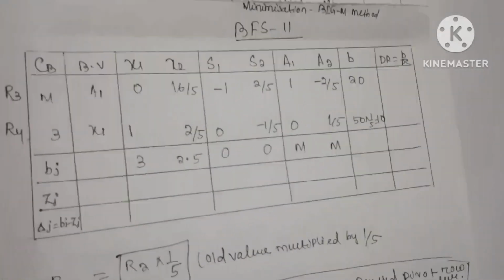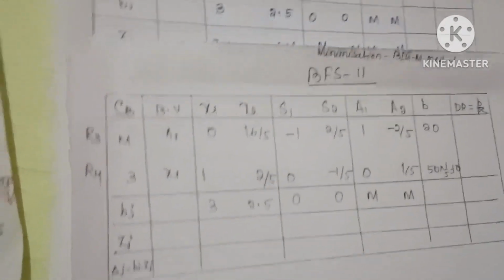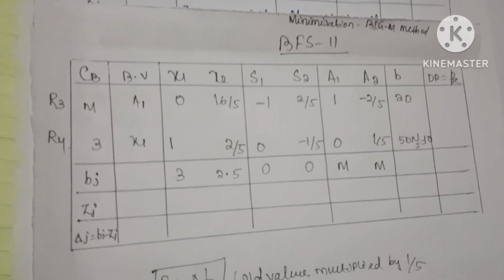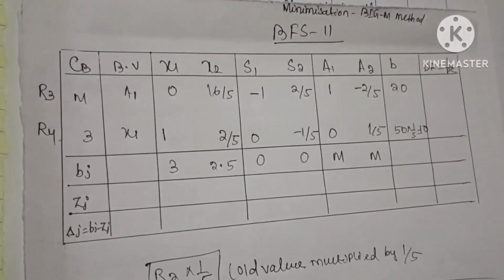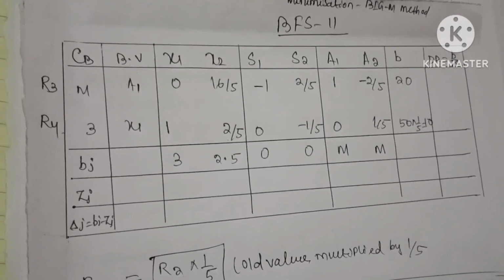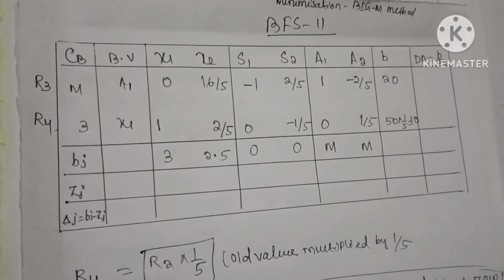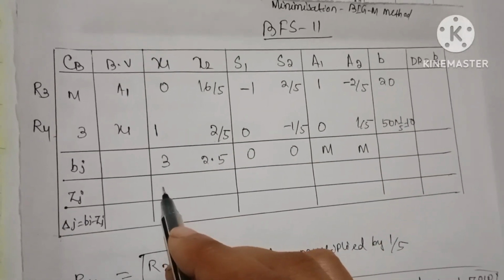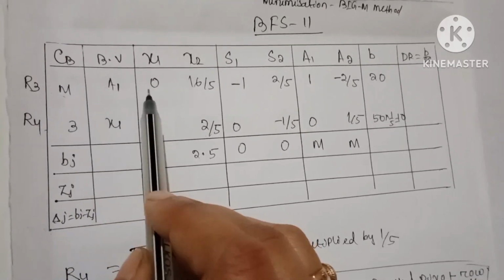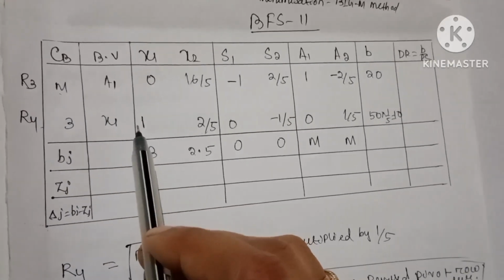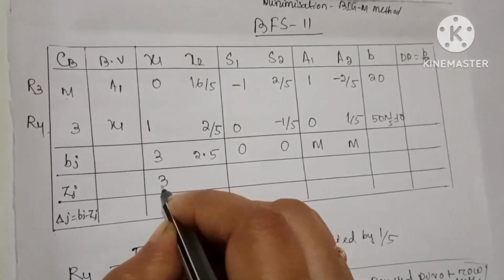Now we have to find out the values of zj. So now let's find out the values of zj. Here z1 equals M into 0 plus 3 into 1, so this equals 3.